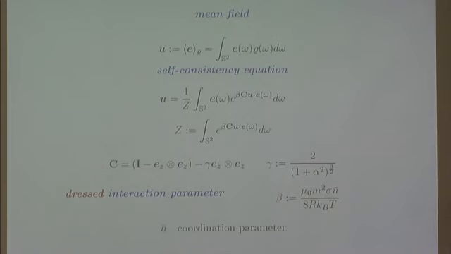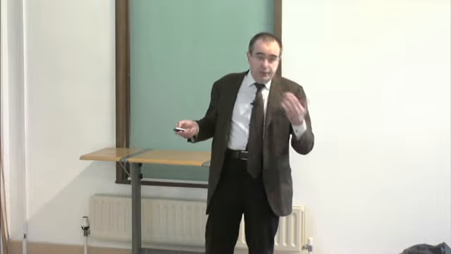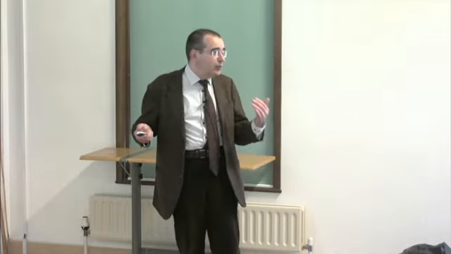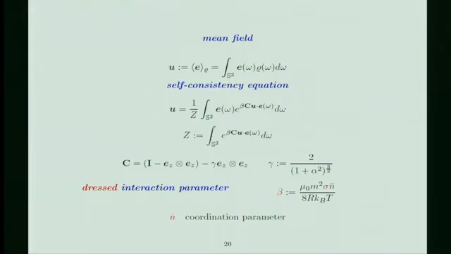And the bar here is the coordination parameter. Strictly speaking, our mean field theory is the lattice mean field theory, and so it requires the intervention of this parameter, which essentially tells us how many particles are interacting with a single probing particle in the mean field.